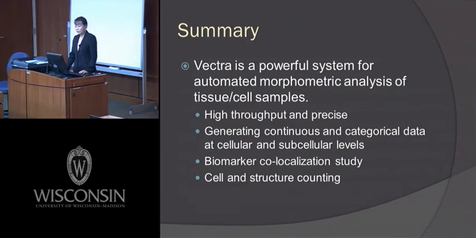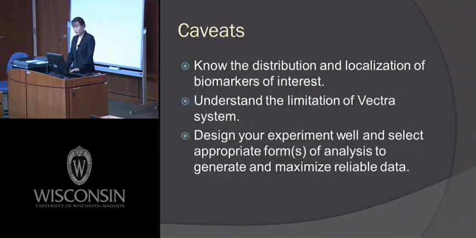So in summary, Vectra is a powerful system for automated morphometric analysis of tissue cell samples. It is high throughput and precise, generating continuous and categorical data at cellular and subcellular levels, and can be used for co-localization studies and can do cell and structure counting.